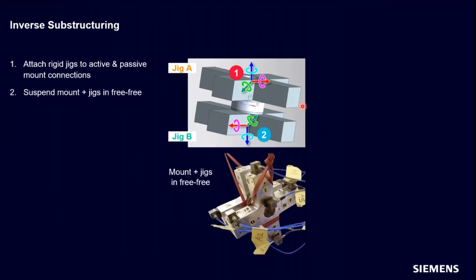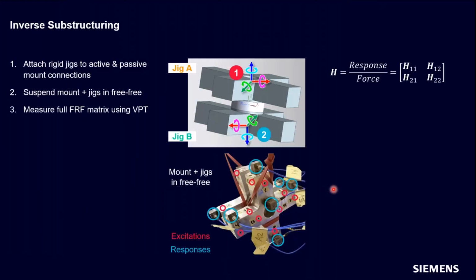What we're going to do then is we're going to take this assembly of mounts with the rigid jigs and suspend it in free using just some simple bungees here. And what we're going to do next is we're going to measure with virtual point transformation an EverF matrix at the center of our mounts. And this is going to be a 12 by 12 matrix. So it is at and between the active and the passive sides of that mount. So it's a 12 by 12 EverF matrix.